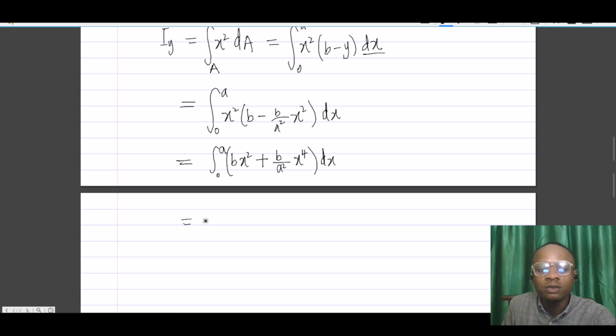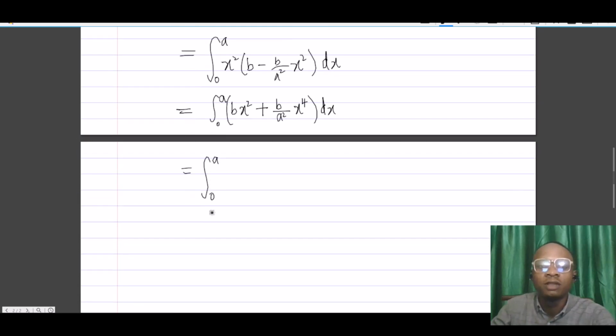So this will be equal to the integral from 0 to a of bx squared plus the other term. We can integrate each of these directly. We know b is a constant, and b over a squared will be a constant as well, so it's straightforward to integrate.